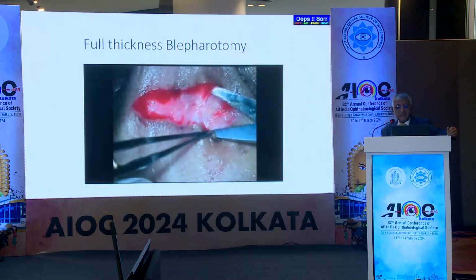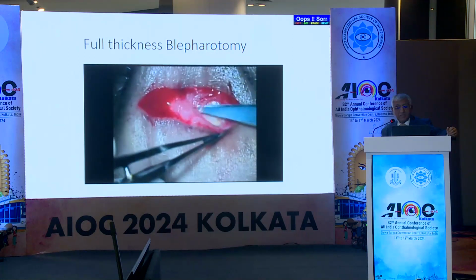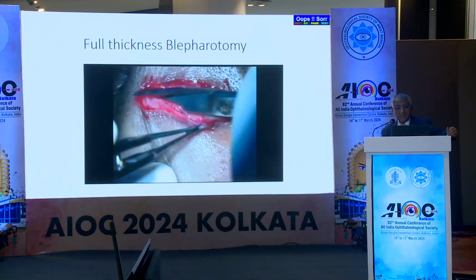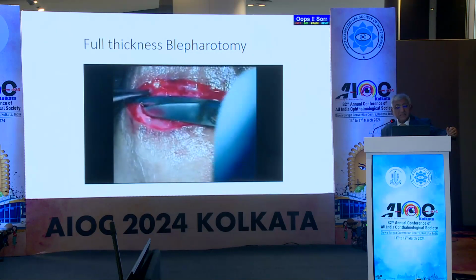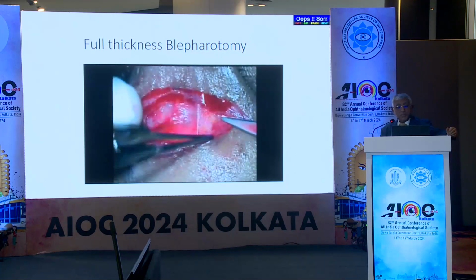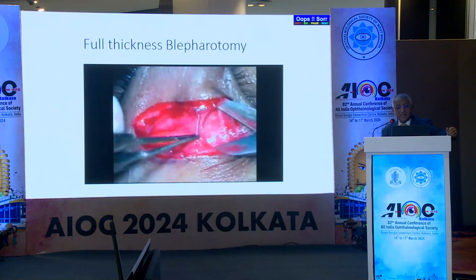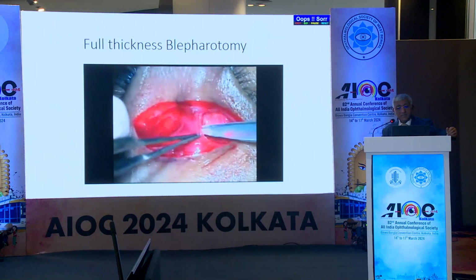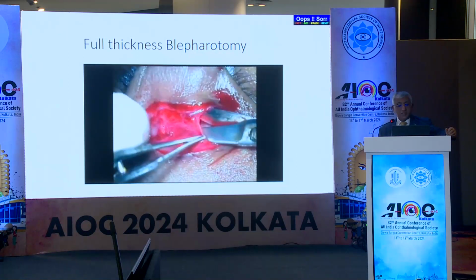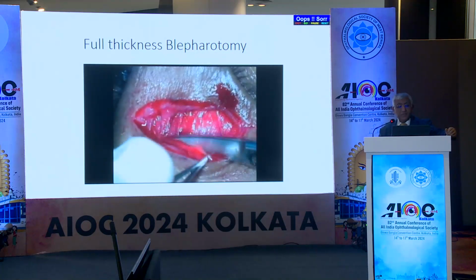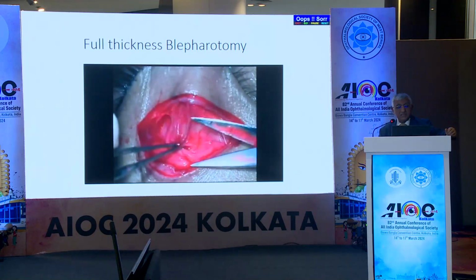So full thickness blepharotomy is the procedure for the more severe cases. Anywhere between 3 and 5, I would probably go ahead with full thickness blepharotomy. So we've given an incision in the skin crease line, dissected first the orbicularis, then go through the structures, dissect between the levator and the conjunctiva Müller's complex, lifting up the entire lot of levator, possibly with Müller's, and then excise it from its attachment onto the tarsal surface.